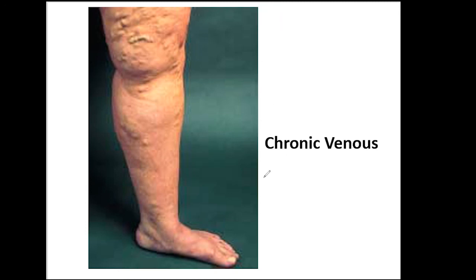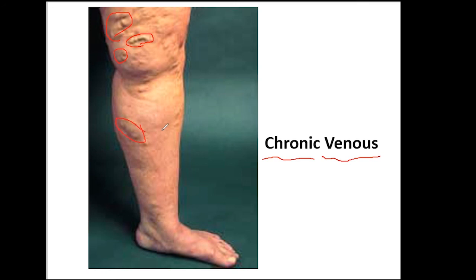This one is a veins problem, a chronic veins problem. The leg is swollen, yes, certainly it's a swollen leg, and we can see some enlarged superficial veins in a lot of areas.